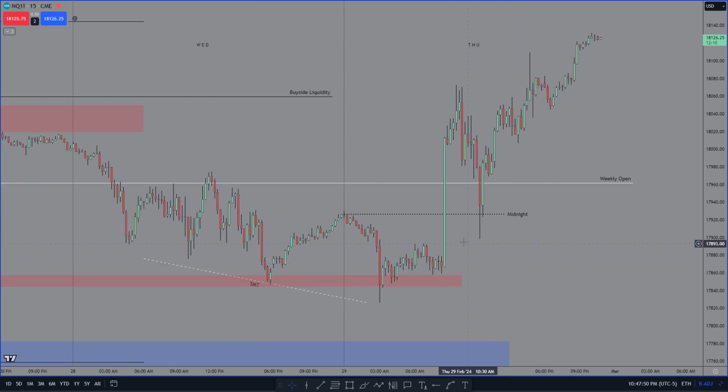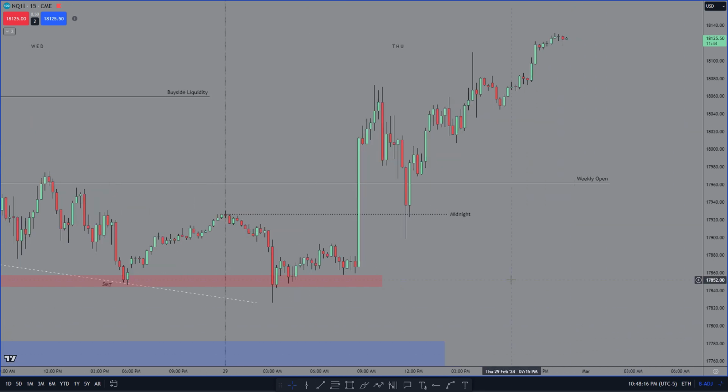Midnight price. Straight away from midnight price, we did not see any moves above it. So what is this move below it? Manipulation. Why do we expect that? Because based on statistics, go back and study how often we just move straight away from midnight price and never refer back to it.